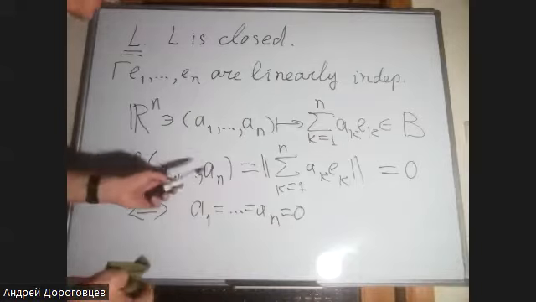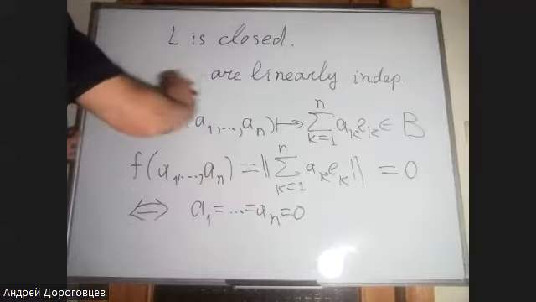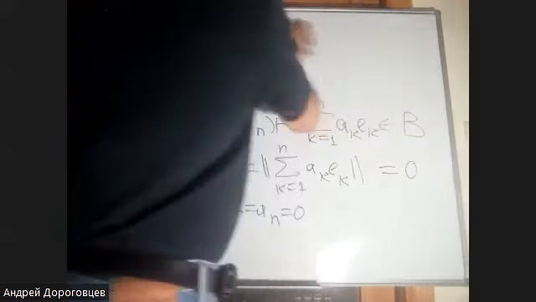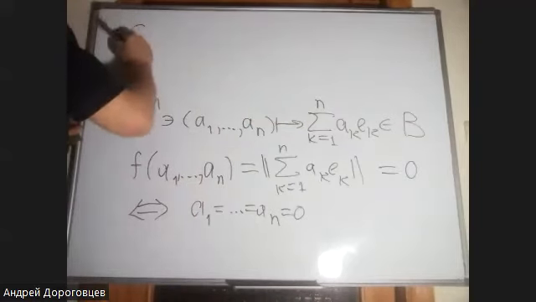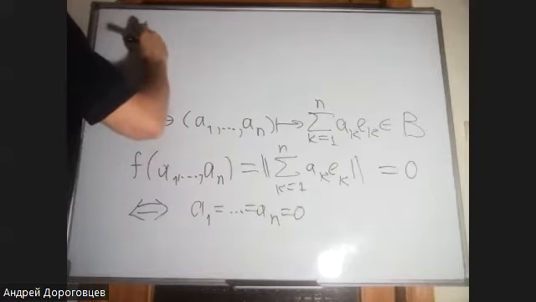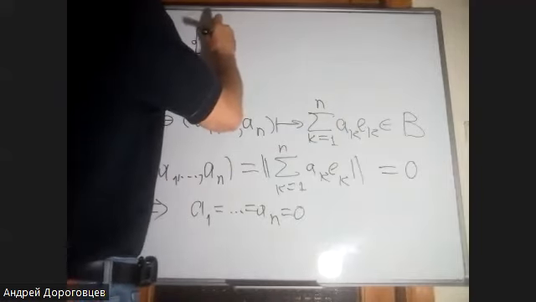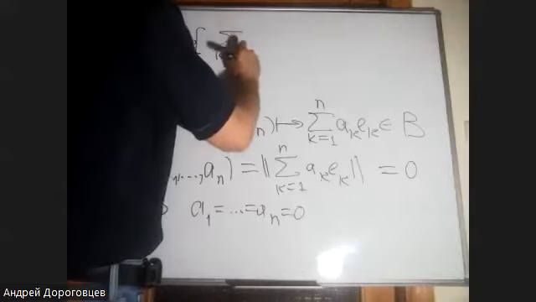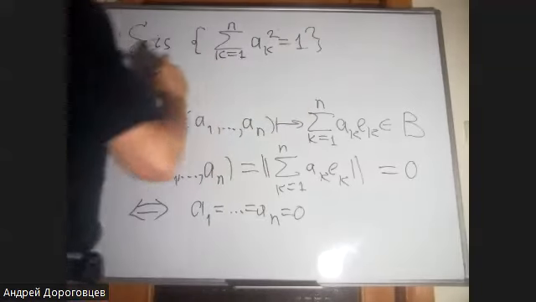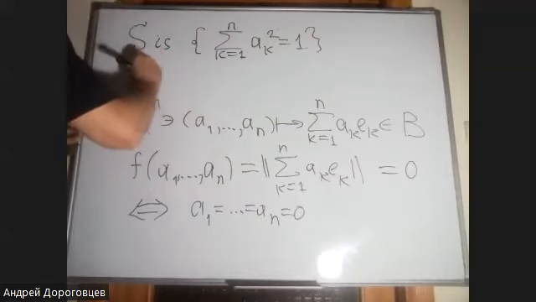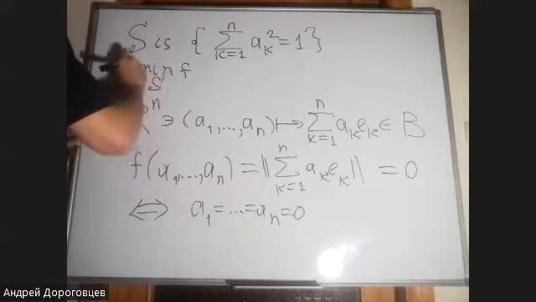Due to this circumstance, one can say that the function f gets its minimum on the unit sphere in R^n. So if S is the set such that the sum from k equal 1 to n of ak squared equals 1, then one can check that the minimum of f on S is greater than 0.